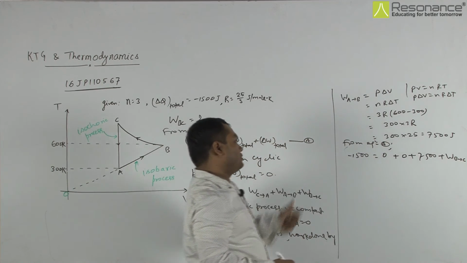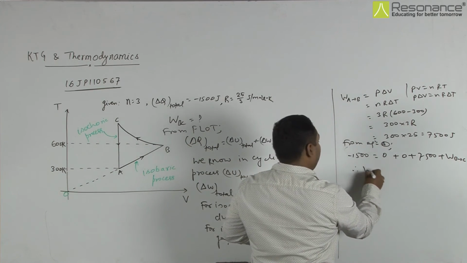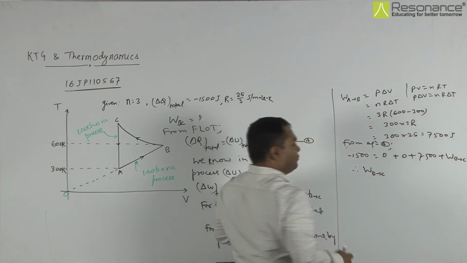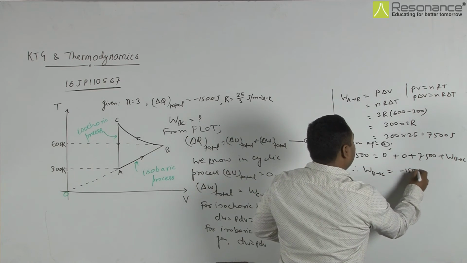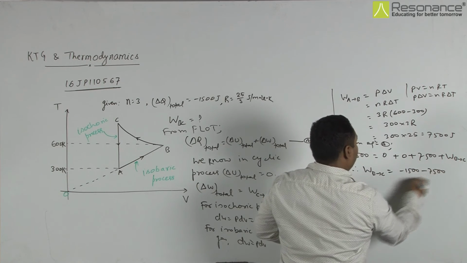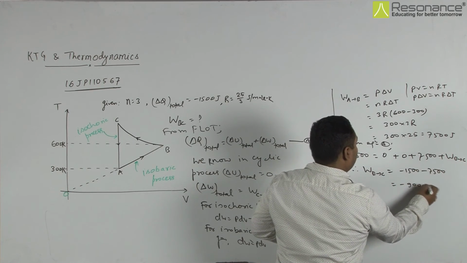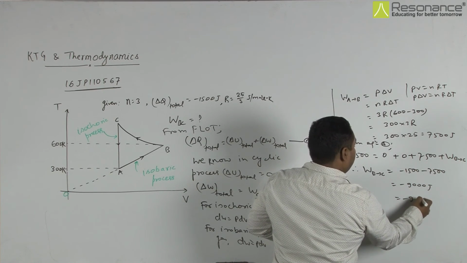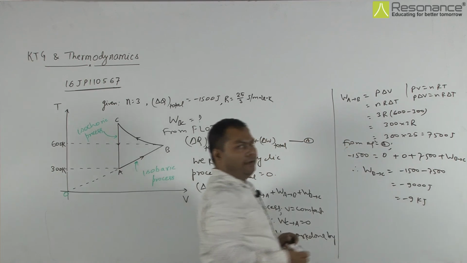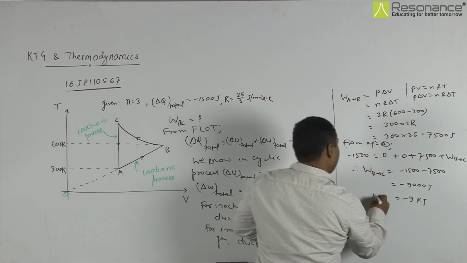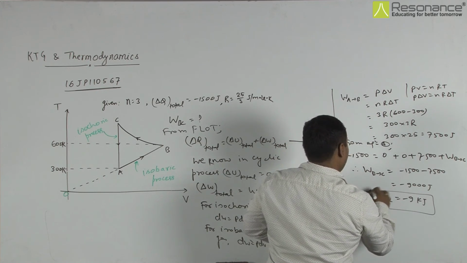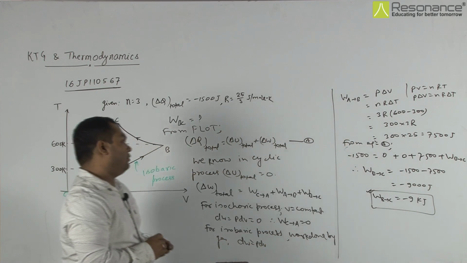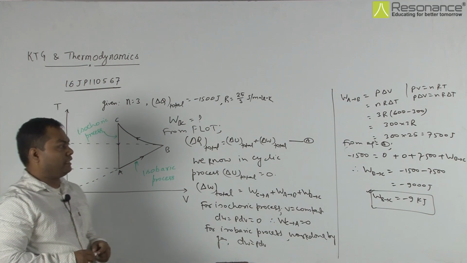So from this result we can get value of W from B to C, which will be of course minus 1500 minus 7500, which will be minus 9000 joule. So we can write minus 9 kilojoule. Okay, so for this particular question, our desired result is minus 9 kilojoule.